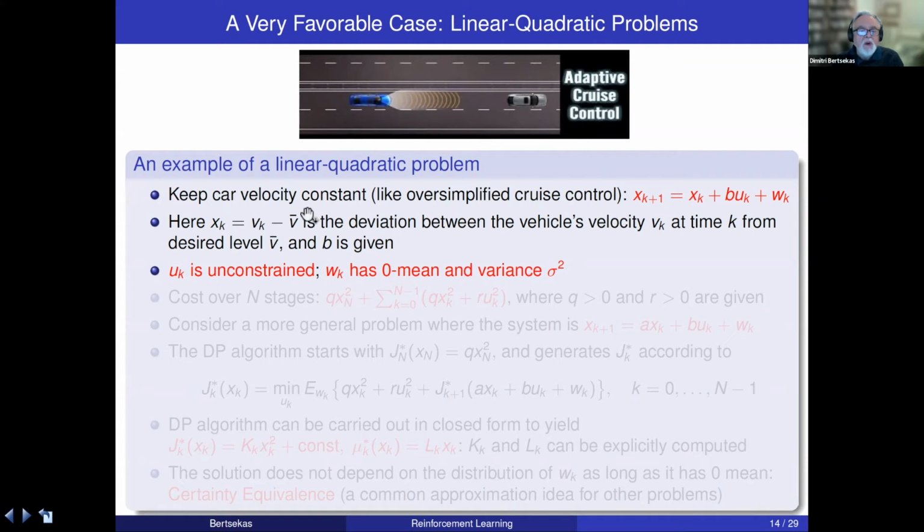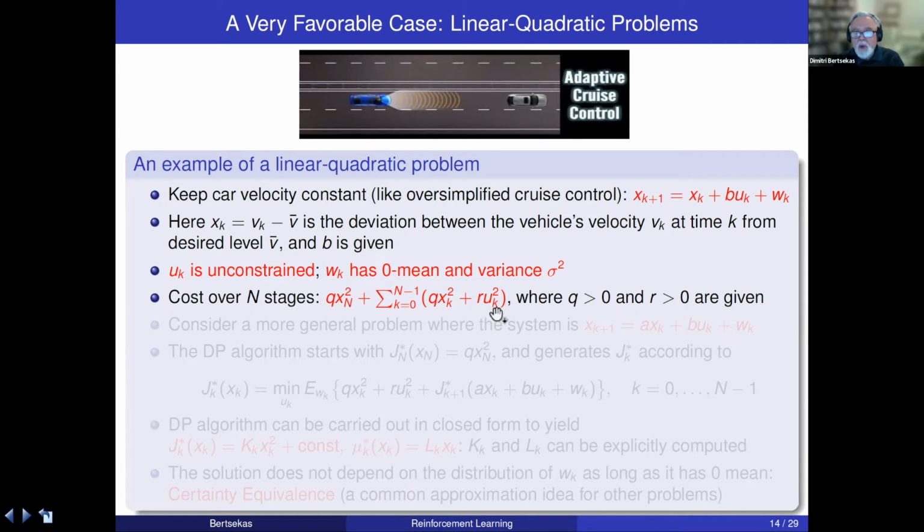However, for the moment, we're going to focus on this problem, but also we're going to look at it in general and generalize in the following way. First of all, the cost function here that we're going to use involves a penalty on the deviation from the desired velocity. So it's quadratic in the state, and there's a positive coefficient that regulates the severity of the penalty.